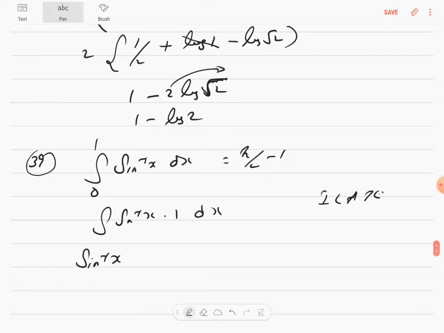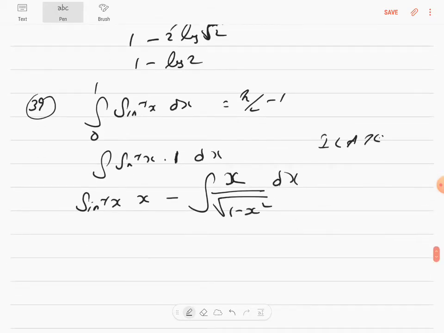The first one stays as it is, and the second one, if you integrate it, you get x. The first one, if you differentiate, gives 1 by root of 1 minus x square. The second one has to be integrated, will give you x into dx. This is like t dt, 1 minus x square as t, minus 2x into dx will become dt, and x dx here will become minus 1 by 2 into dt. So because of this, this minus is going to become plus.